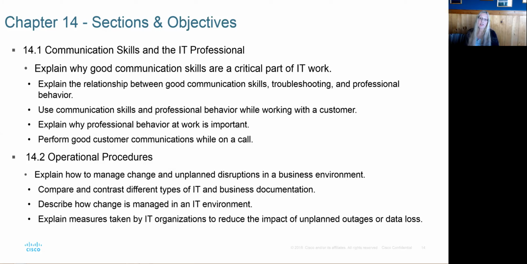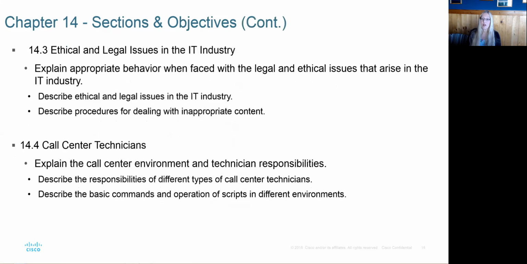We're also going to talk about change management, which is really important too, because when you make a change in an environment, you can create unexpected results. We'll talk about ethical and legal issues that can arise, and we'll talk about government regulations that have to be adhered to and audits and that kind of stuff.